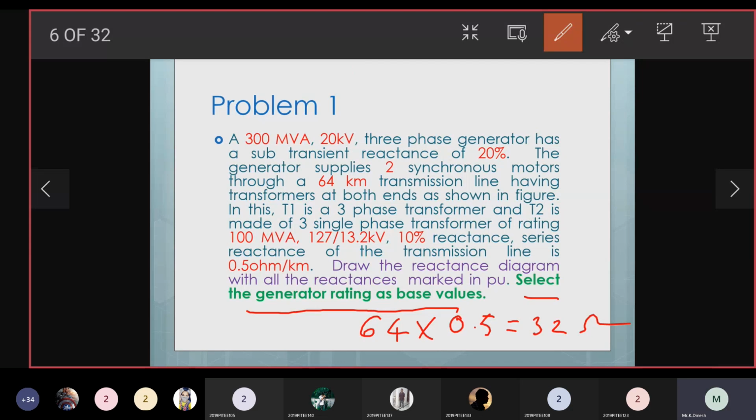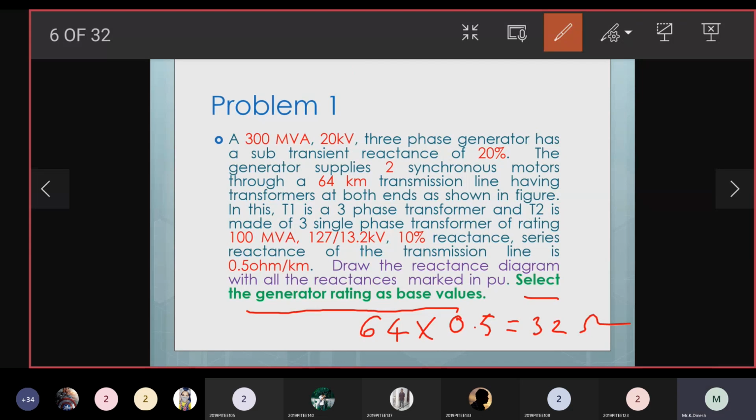So step 1: selection of base values. In the question they clearly mentioned generator values as base values. What is given for the generator? 350 MVA, 20 kV... sorry, 300 MVA, 20 kV, and 20% reactance. So I am considering the base values as generator values.